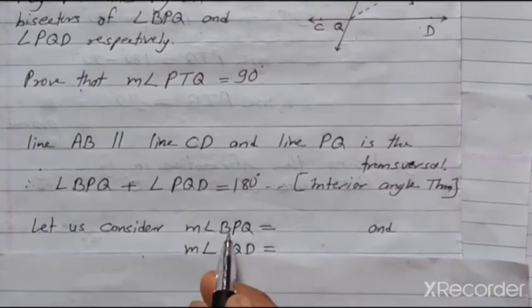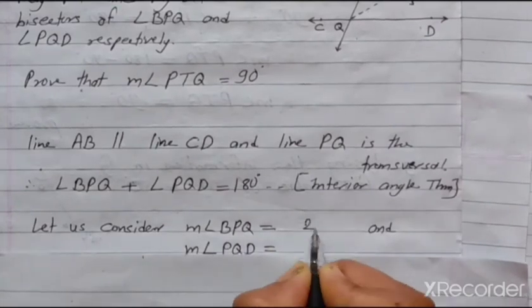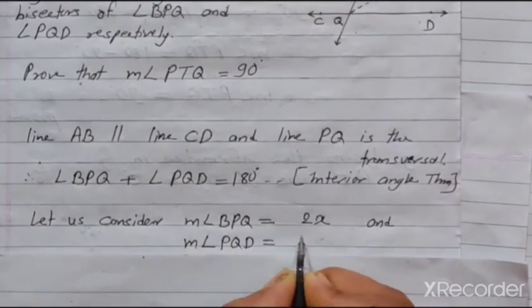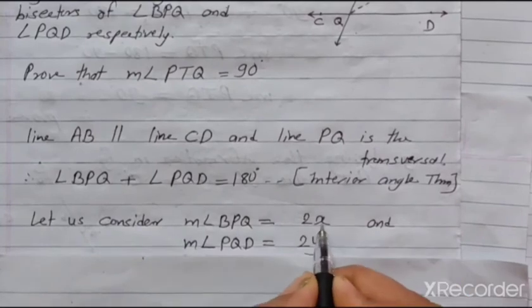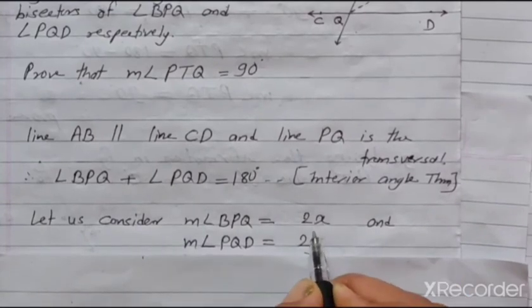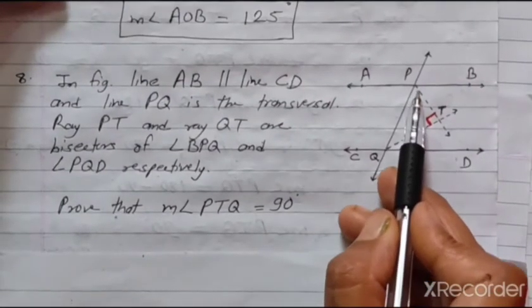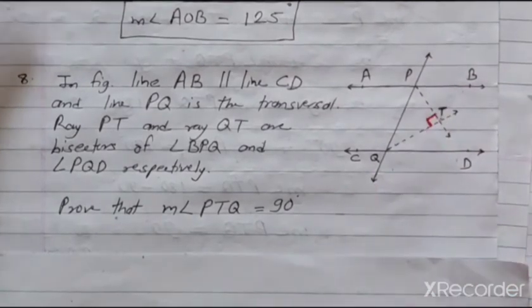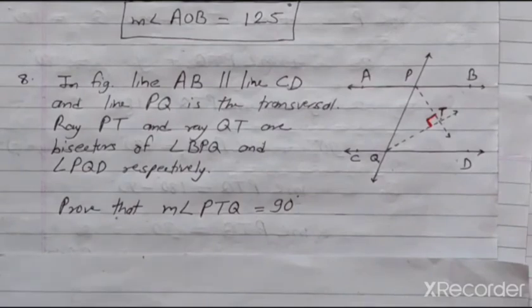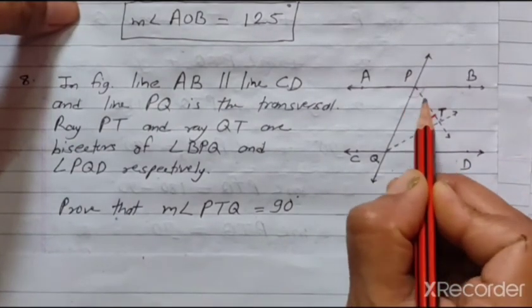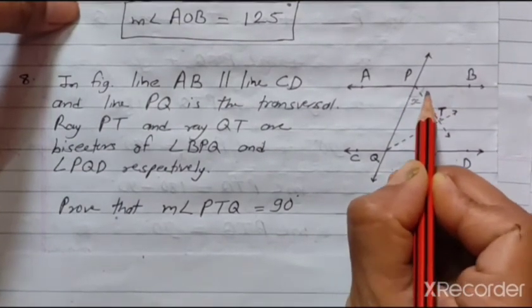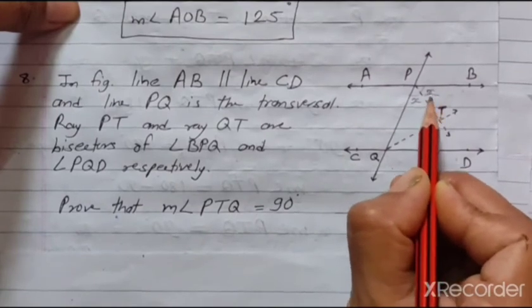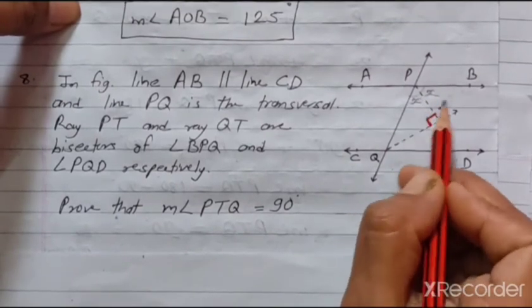Suppose the first measure is 2x and the second measure is 2y. Here I am taking 2x and 2y because this ray PT is an angle bisector. So if you consider this whole angle 2x, then these two equal parts, its measure will be x and x.